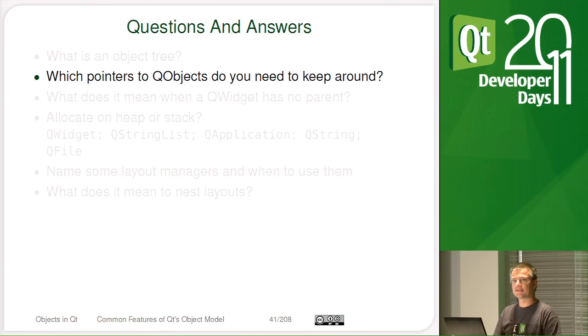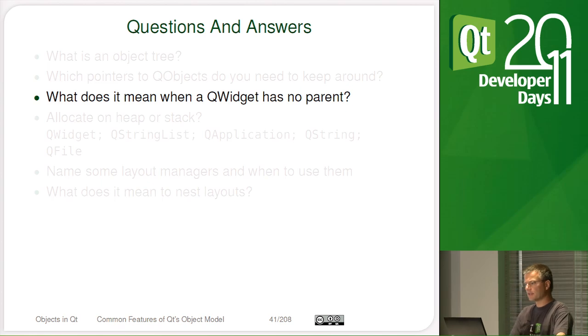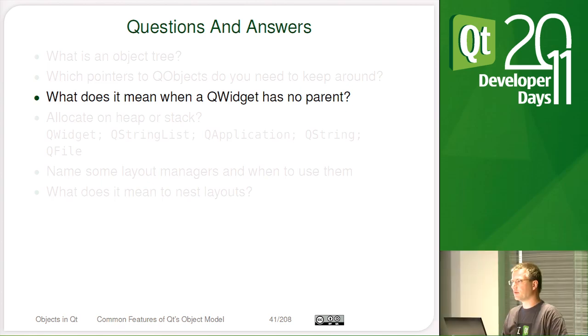Whenever you try to access your objects within a member function, you should keep a pointer to your QObjects. And we will see how Qt handles this automatically whenever you create your own UI files. What does it mean when a widget has no parent? It means that it is a top-level window.